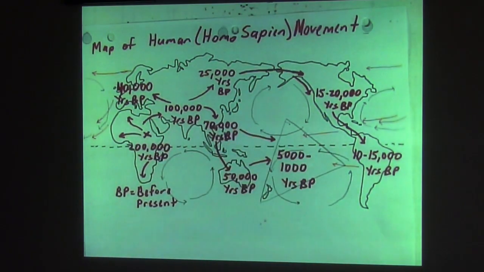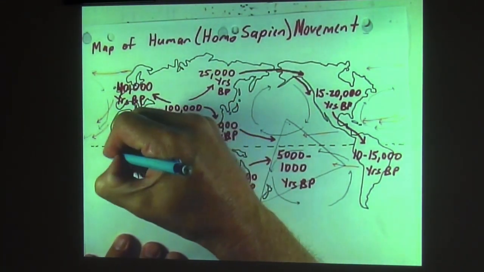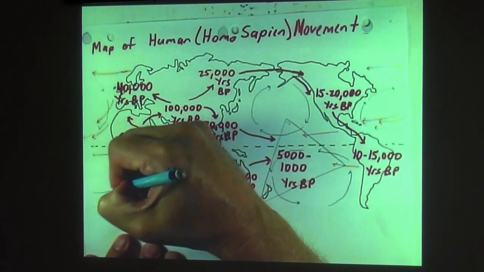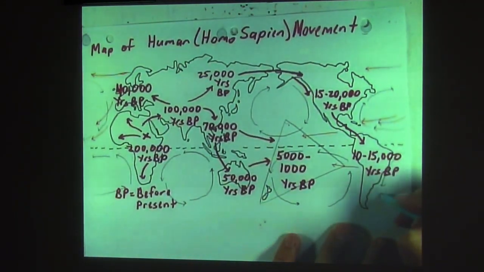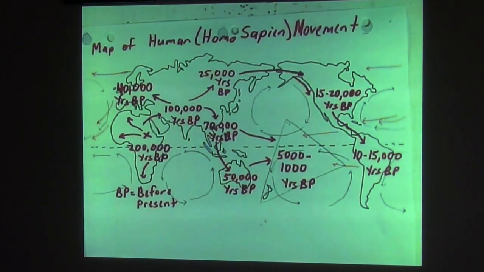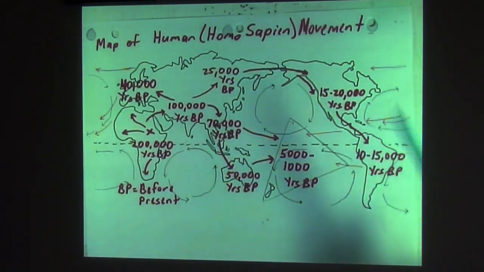Okay. Certainly here. Okay, just like so. All right, and then we've got the world really going, don't we? So we have controversies where? We have controversies in the Western Hemisphere. When did people arrive in the Western Hemisphere?